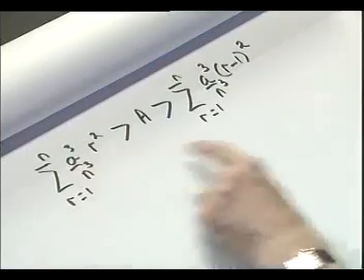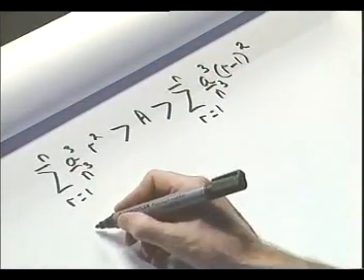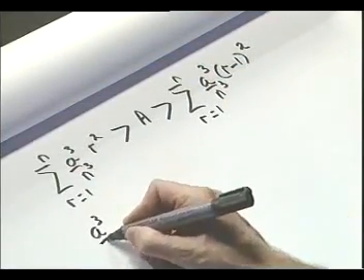This a cubed over n cubed is a common factor in each one, so we can take that out.